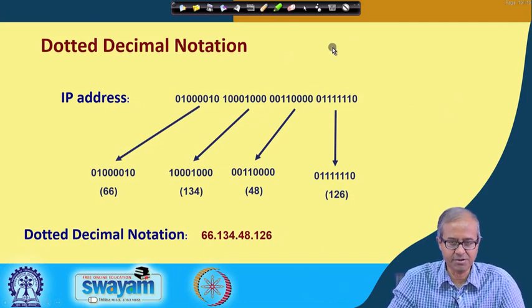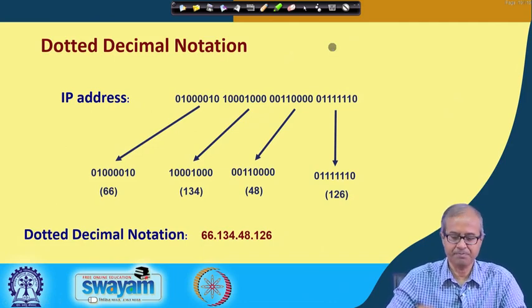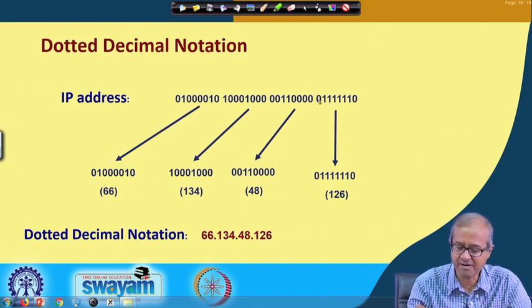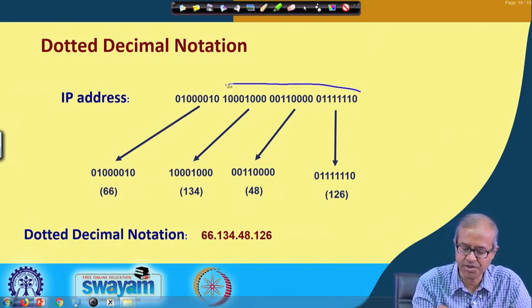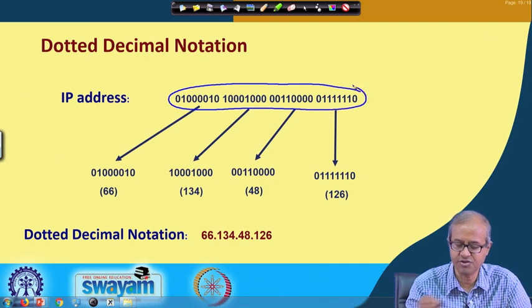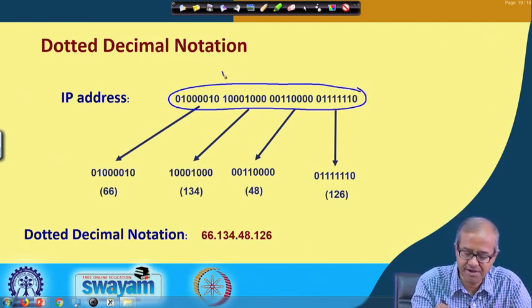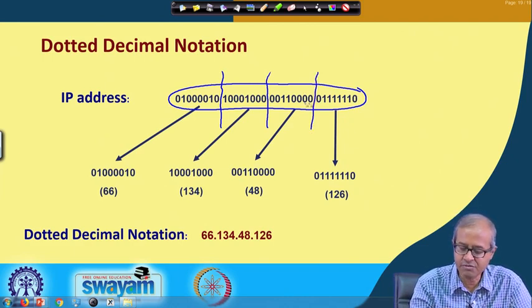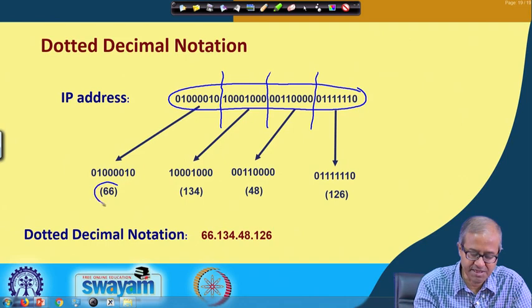Now, the dotted decimal notation, let us take an example here. Suppose we have a 32-bit IP address. You see there are 32 bits. This we have divided up into 4 8-bit chunks, octets, and each of these 8-bit chunks you are expressing in equivalent decimal.